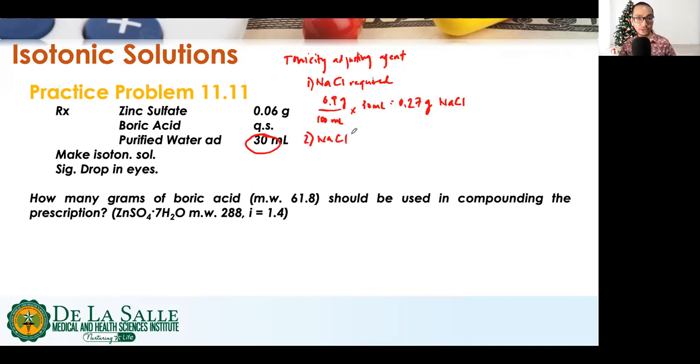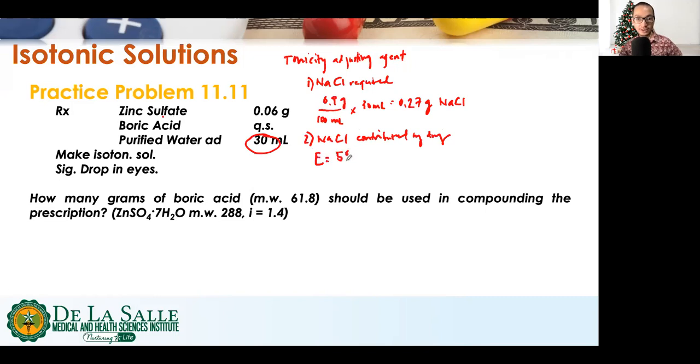the sodium chloride contributed or represented by the drug. Okay, now how do we do that? We need to know the E value of your zinc sulfate. So we will compute for the E value of zinc sulfate.